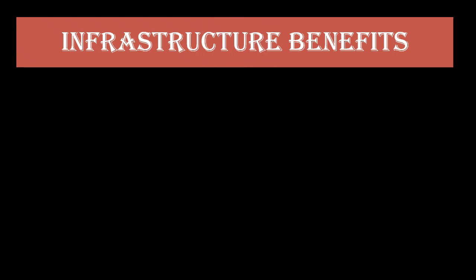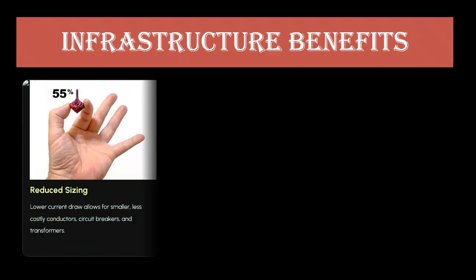Infrastructure benefits. The benefits of a high power factor cascade throughout the entire data center infrastructure. By reducing total current draw, we achieve reduced sizing across the board, allowing for smaller, less costly conductors, circuit breakers, and transformers.